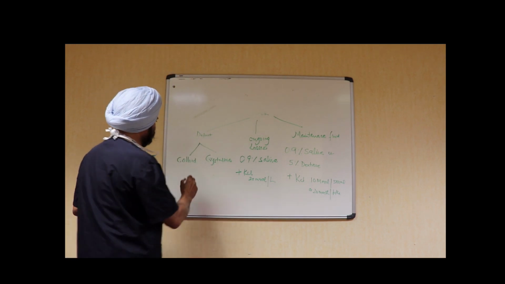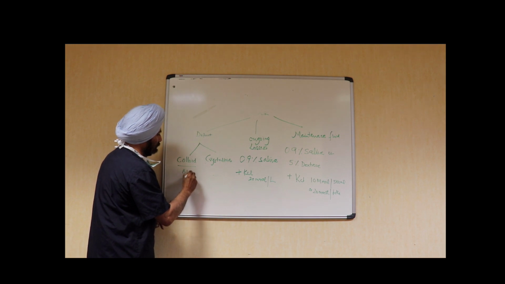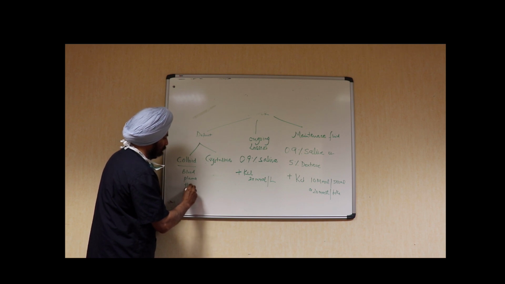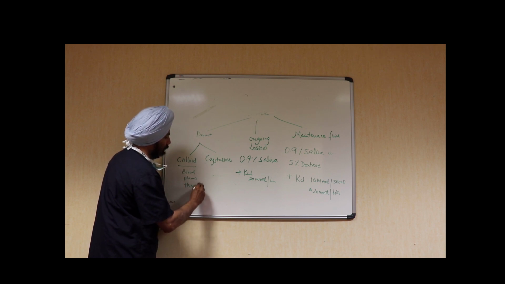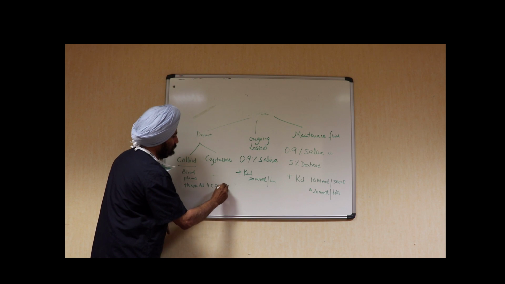So coming to colloids, the colloids could be blood, plasma, or human albumin solution, which could be 4.5%, 5%, or even 20%.